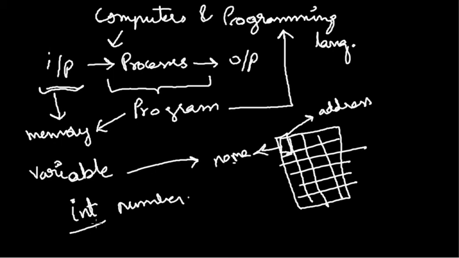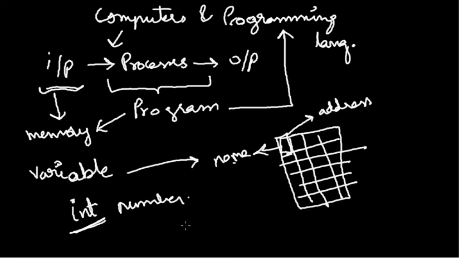It also defines how much space we have to allocate for this particular input. If it's an integer, what is the range? That also is defined by this identifier, which we will come back to later to discuss.